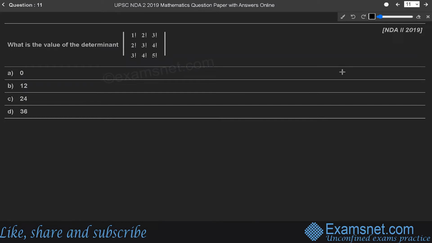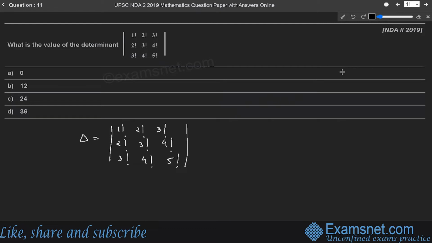Next question is, what is the value of the determinant? A determinant is given here, which is 1 factorial, 2 factorial, 3 factorial, 2 factorial, 3 factorial, 4 factorial, 3 factorial, 4 factorial, and 5 factorial. So we have to find its value.